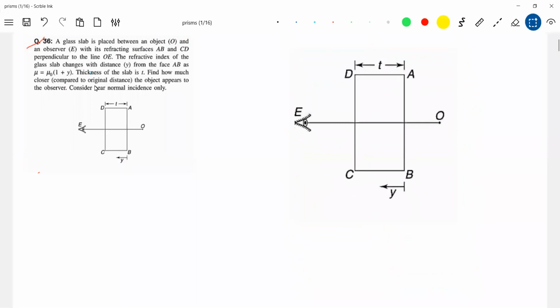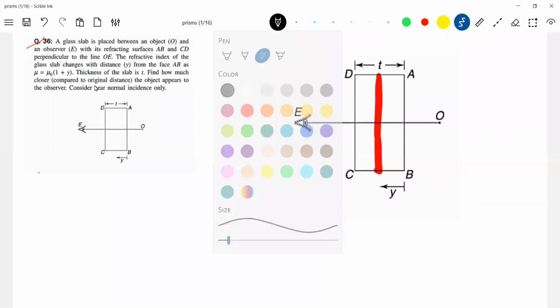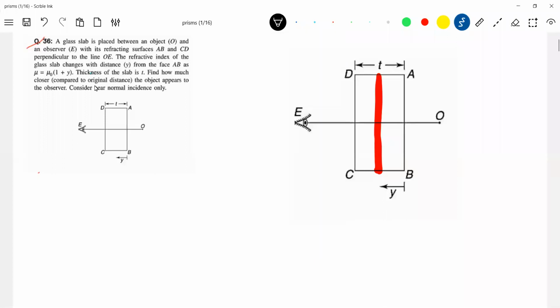This was a basic thing. So in this, shall I assume a strip of width dy? What is the shift due to only this? ds should be equal to (1 minus 1/mu) dy, the shift produced by the small elemental strip of width dy.